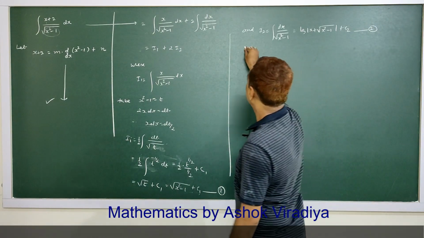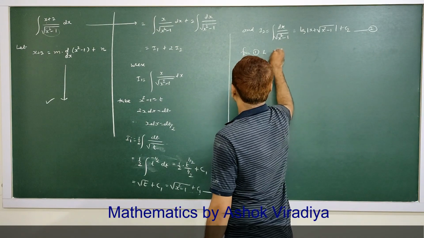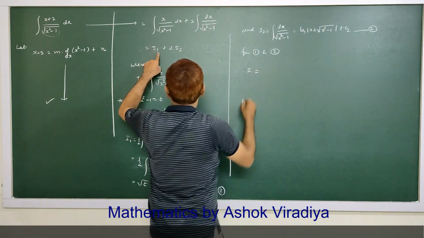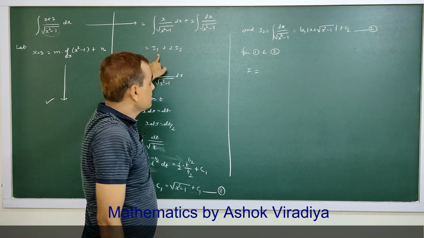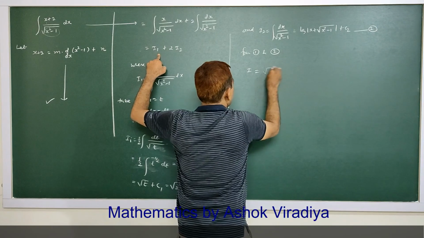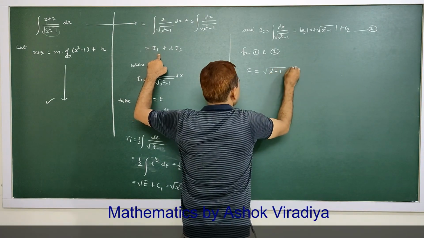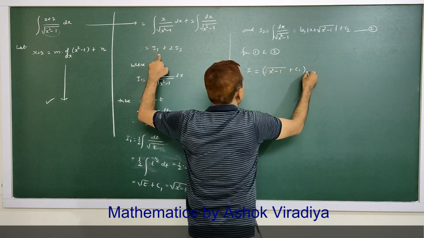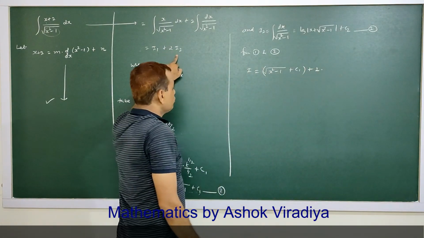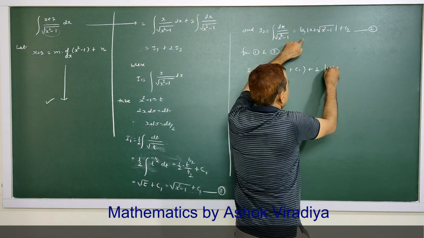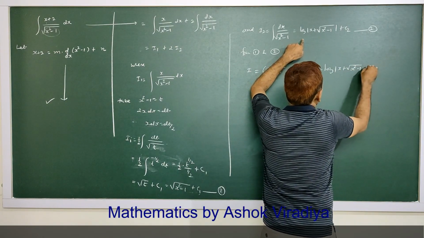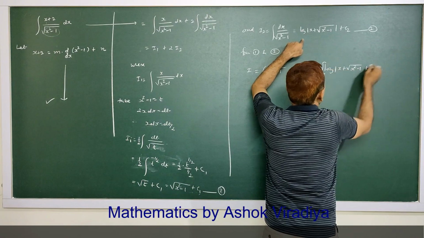So from 1 and 2, integral I is, putting here I1, root x square minus 1 plus c1, plus 2 times I2, which is log mod x plus root x square minus 1 plus c2.